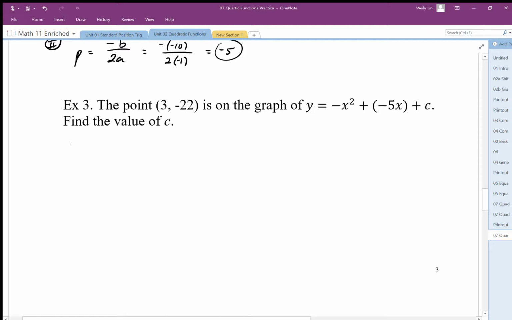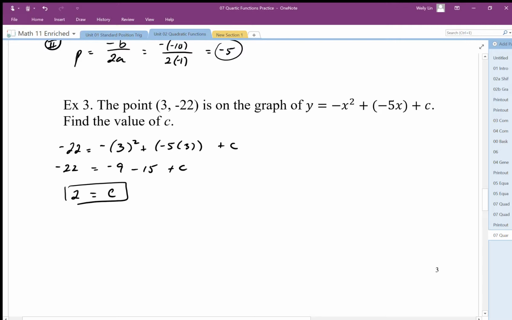So I can go y equals negative 22 is equal to negative 3 squared plus negative 5 times 3 plus c, and there's only one variable left. It adds up to negative 24, so I'm going to add 24 to both sides, and I end up with c equals 2. So I can find the value of c that way.